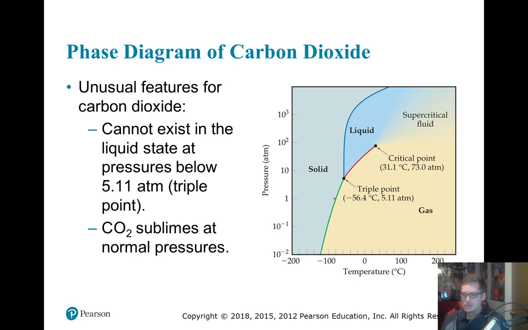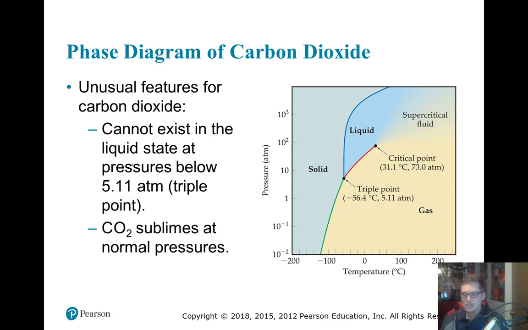Now notice that there's no liquid state here to convert from the solid to the gas. As heat comes in, we don't go to the liquid phase at all, and that's why dry ice completely bypasses its liquid state, and why it's the number one example people give when we talk about sublimation.